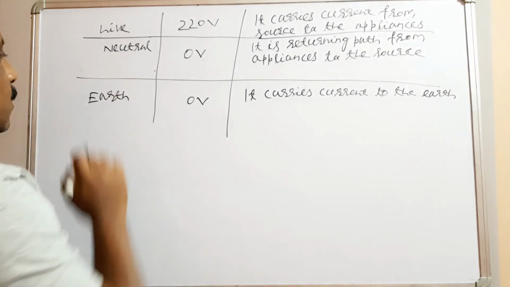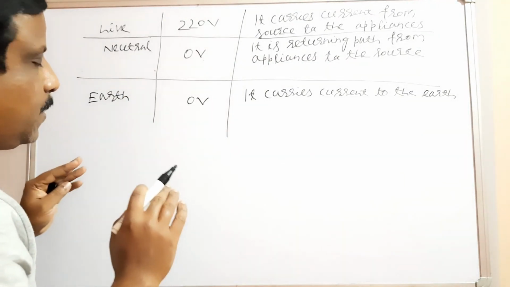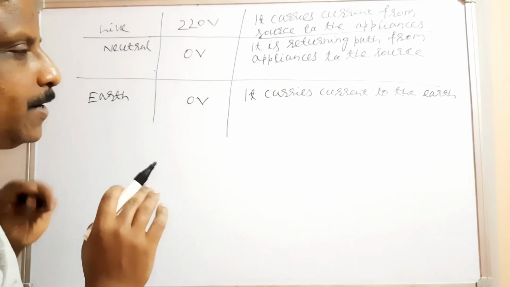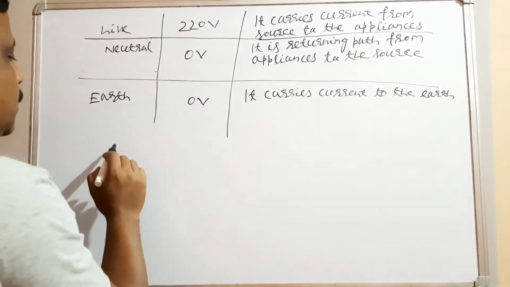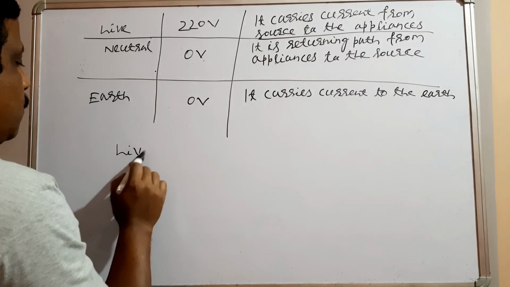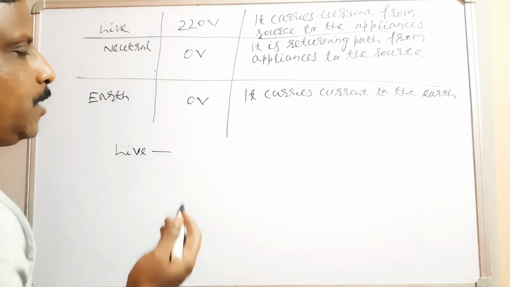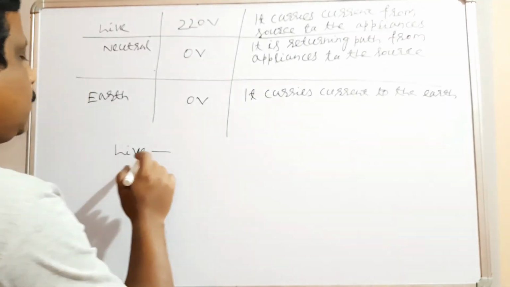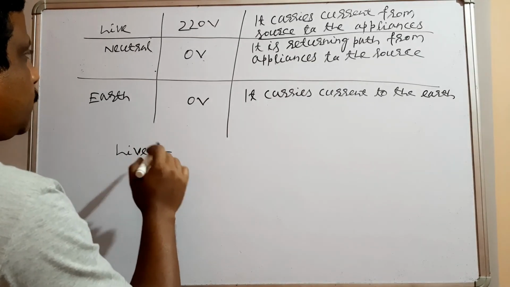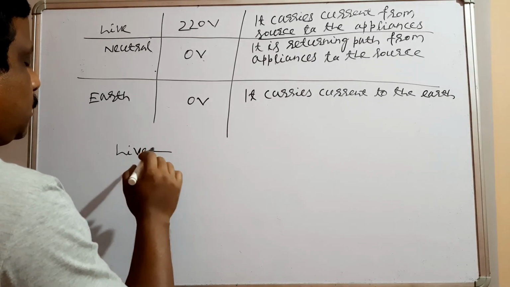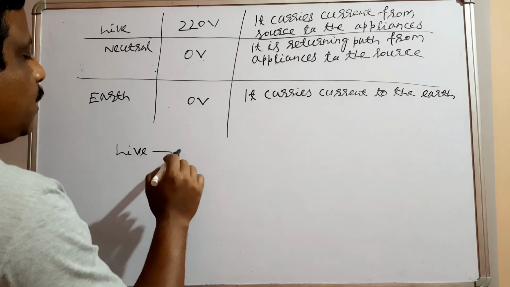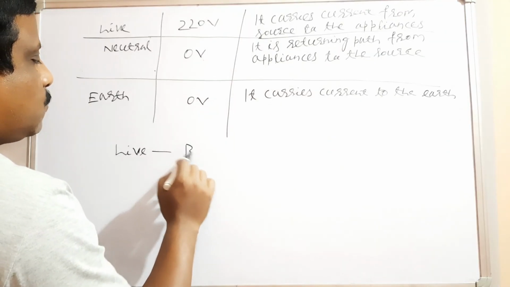Now there is also color coding. Three different wires have three different colors so that we can identify them easily. There are two codings, one modern and another old. Any one you can remember. I am writing the modern, the latest coding. Live wire color is brown.